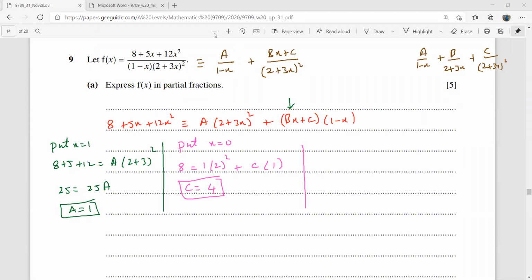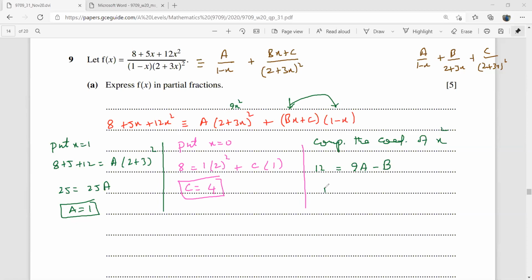But I would be finding this b by comparing the coefficients of x squared. I have 12 on this side. If you imagine its expansion, you will have 9x squared in this expansion. So that will give me 9a, and bx into minus x will give me minus bx squared, so this is going to be minus b.